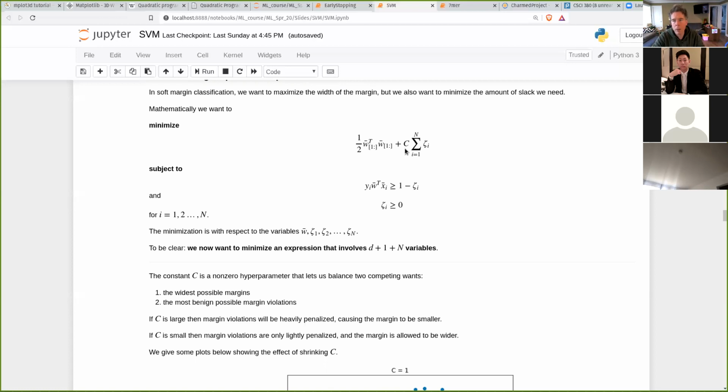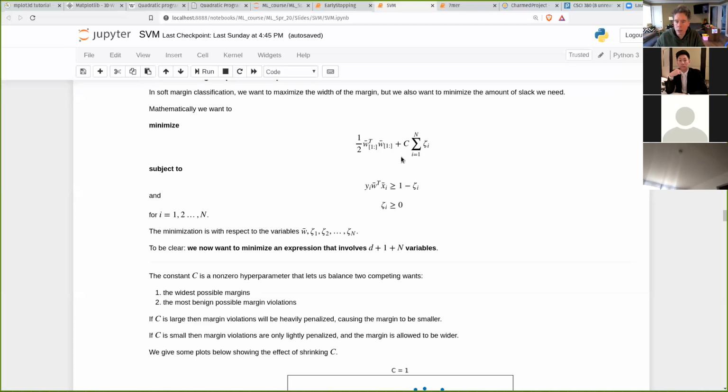So this is a hyperparameter that just has to be tuned. You're doing an assignment right now about tuning hyperparameters, so you kind of know how that works. This is mathematically what we want to minimize.